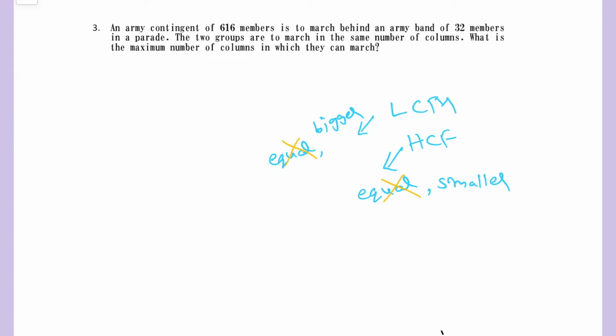Now we need to divide some members into groups or columns. Then it is impossible to have more than the given number. For example, in this question 616 people are there. So if I arrange 616 members in any way, I won't get more than 616 people. That's an impossible case. So definitely it is HCF only.